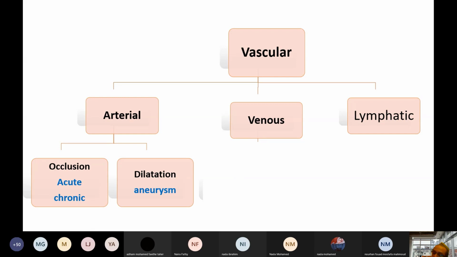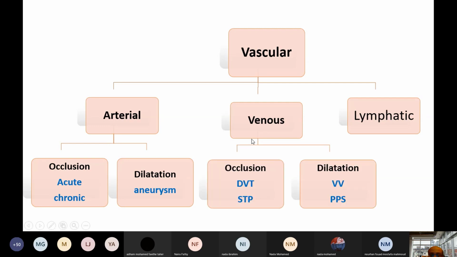Both conditions, either to have a stenosis or occlusion of the vessel or have dilatation, have a negative impact on general health of the patient. On the other hand, venous system or venous problem in the patient also is about occlusion or dilatation.